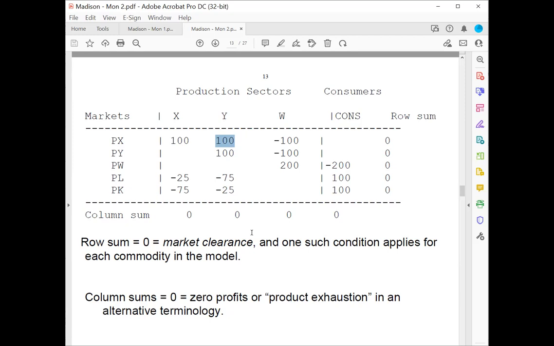Similarly for the Y column, and similarly for welfare. And the supply of labor and capital from the consumer equals the demand for each factor of production from the 2 sectors. Okay, so the row sums are market clearing conditions. The column sums are 0 profit conditions and income balance. So this matrix satisfies that.